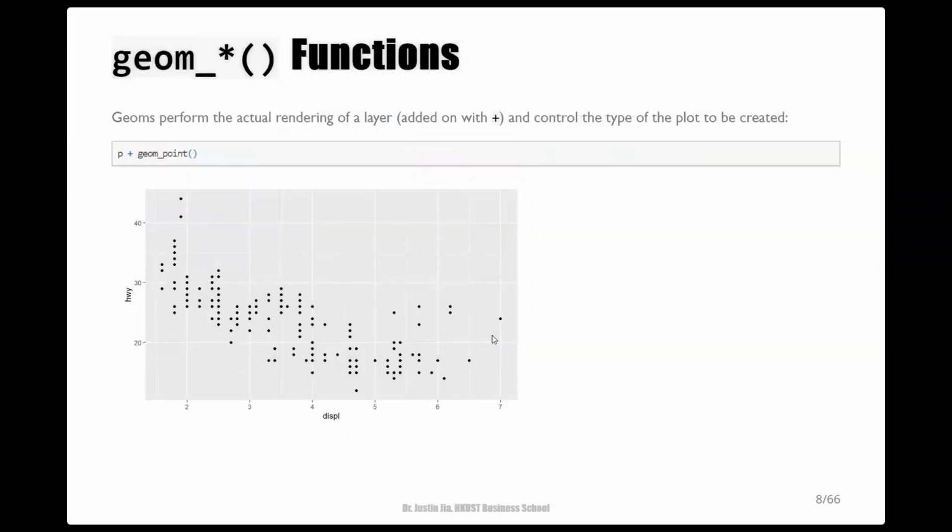In ggplot2, a plot is built up in layers of geometric shapes. Suppose we want to denote the data by a set of points. We simply use the function geom_point to create a layer of points and overlay it on top of this panel by using this plus sign.